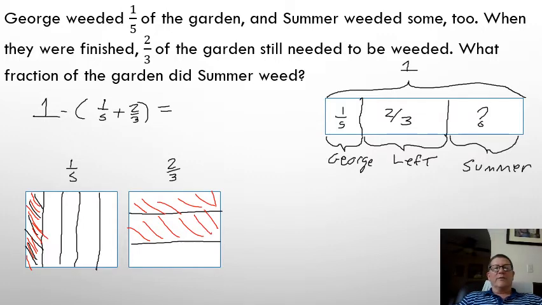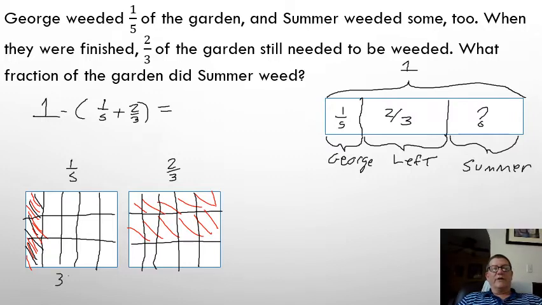Now I'm going to take my thirds and I'm going to combine them with my fifths. And I'm going to take my fifths and combine them with my thirds. So now we have, instead of 1/5, we can see this is equal to 3, which are shaded in, and 3 by 5 is going to give us 15. Plus, and now we can see we have 10 shaded in over here out of a total of 15.